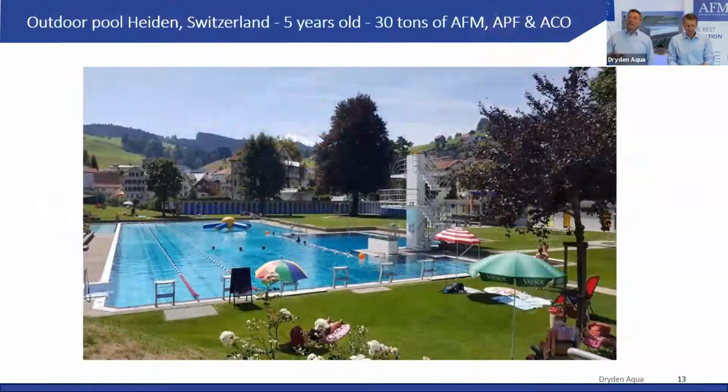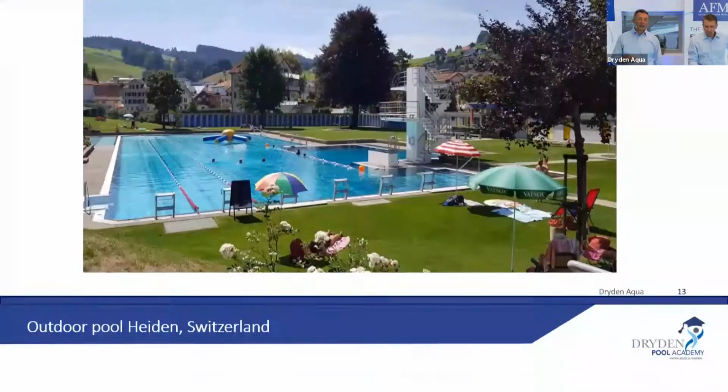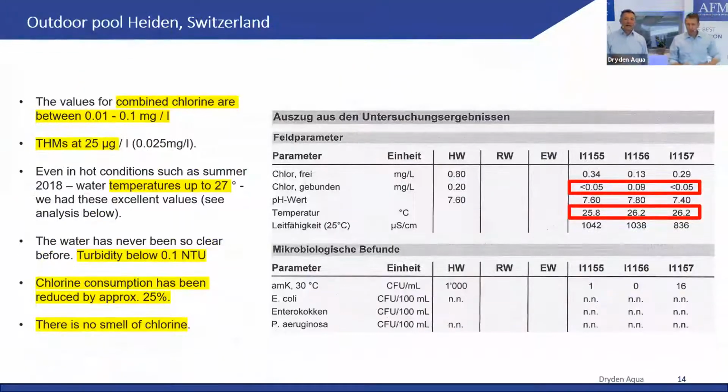And here is one of the examples, a pool which is 6 years old in the meantime, in Heiden, Switzerland, a 25-meter pool. Here it doesn't look busy, but in summertime it's really busy. Just to give you an indication here, "chlorgebunden" means combined chlorine, this is in German, I apologize for this.